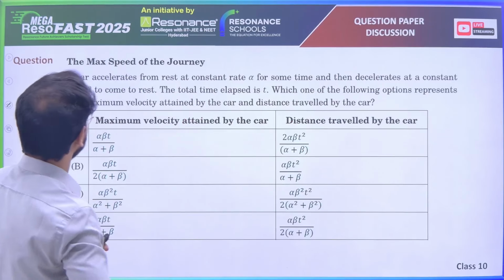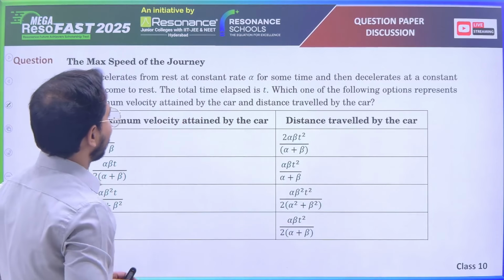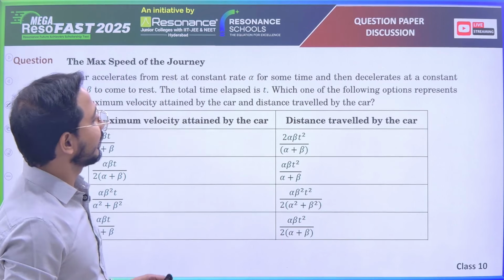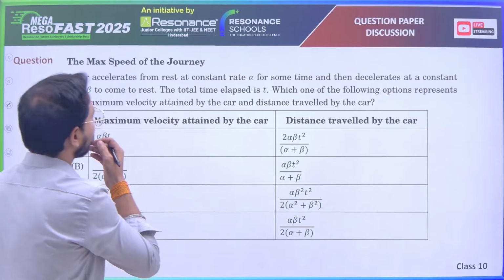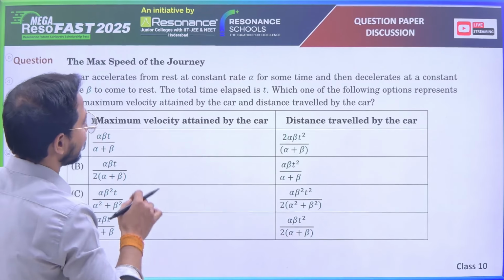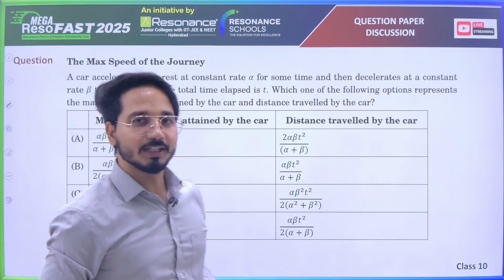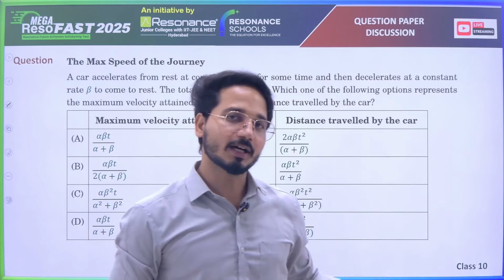So we'll see, yeah. A car accelerates from rest at a constant rate alpha for some time and then decelerates at a constant rate beta to come to rest. The total time elapsed is t. Which one of the following options represents the maximum velocity obtained and the distance traveled by the car?